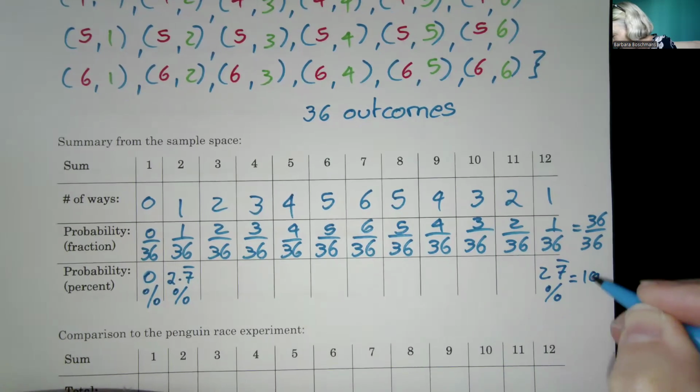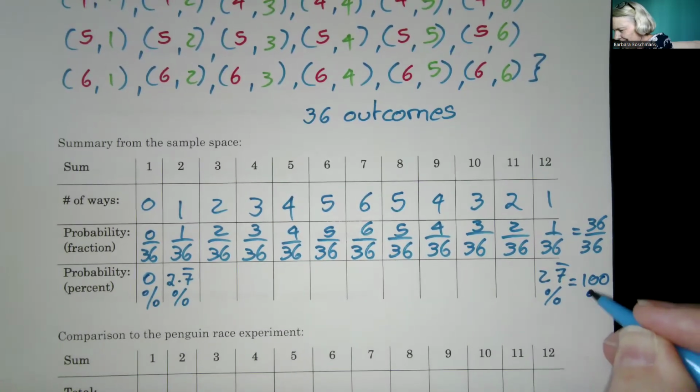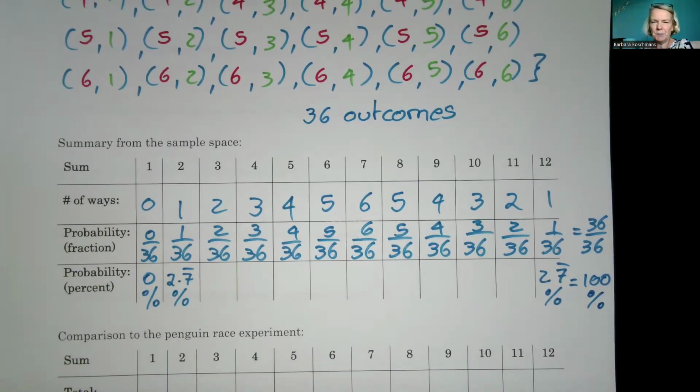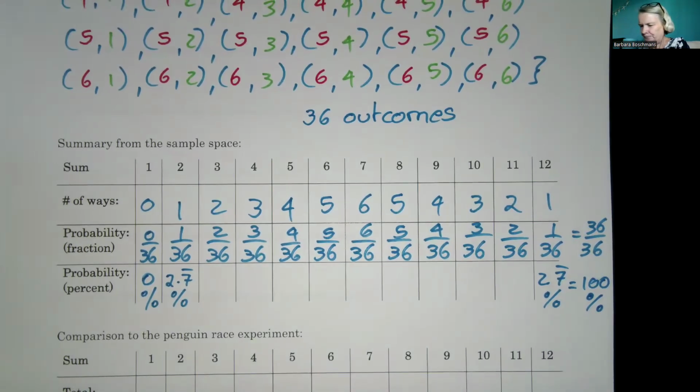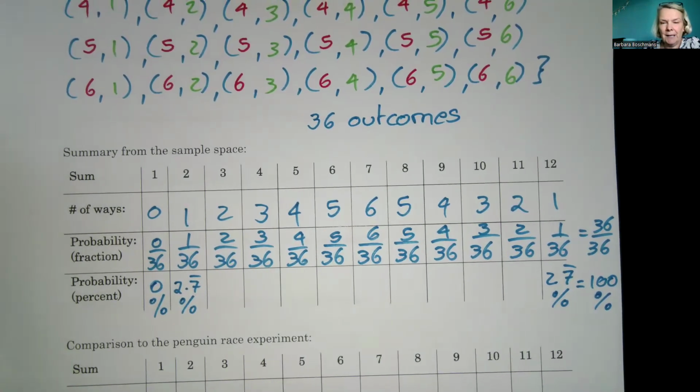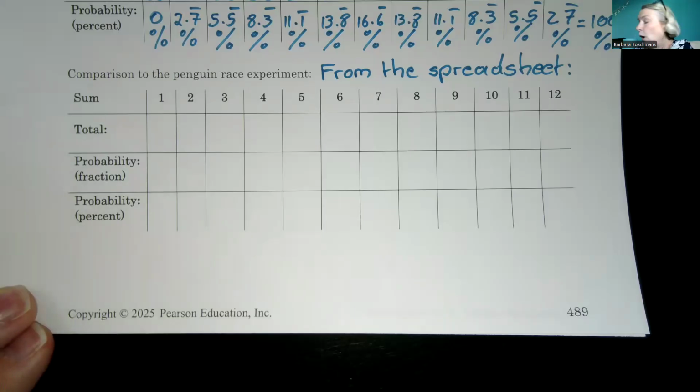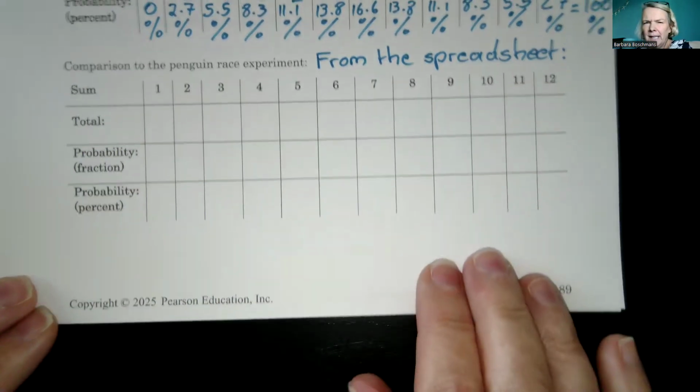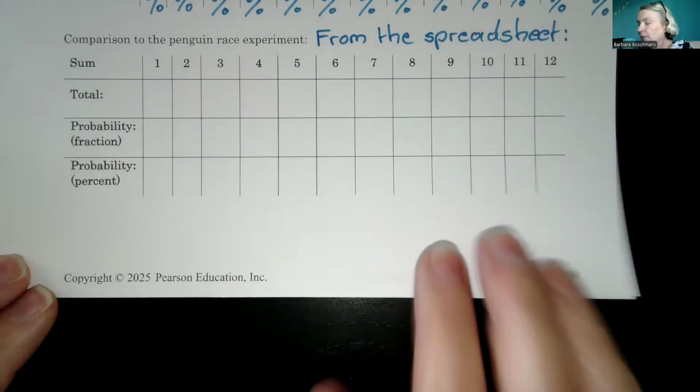When we add them all up, oops, sorry, they should add up to 100%. So do this for each of them. I'll give you a minute to do that. I'm going to do the same, so pause and complete the table. Once you have all your percents, you want to fill out the bottom table from the spreadsheet.